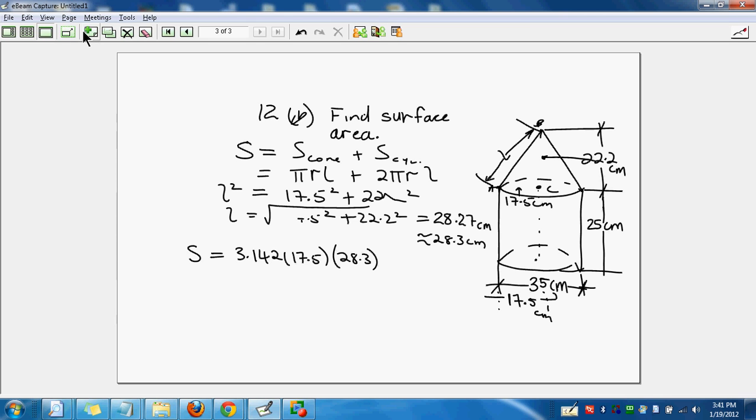And now we'll have to get the surface area of the cylinder, which would be 2 by 3.142, that's pi. R will be 17.5 again. And L in this case is the vertical height, which would be in this case 25 centimeters.